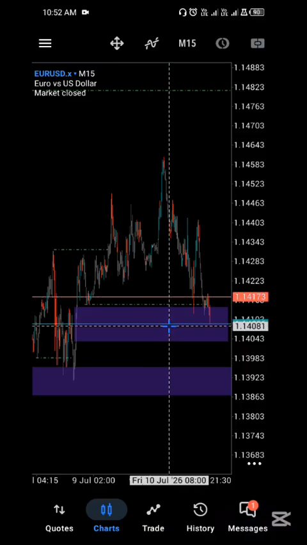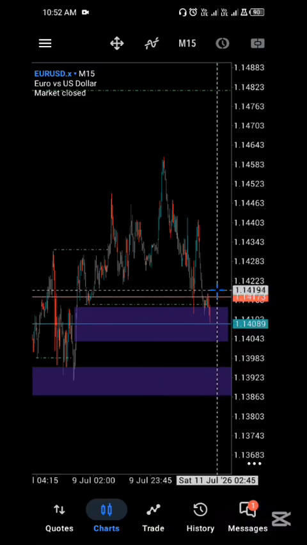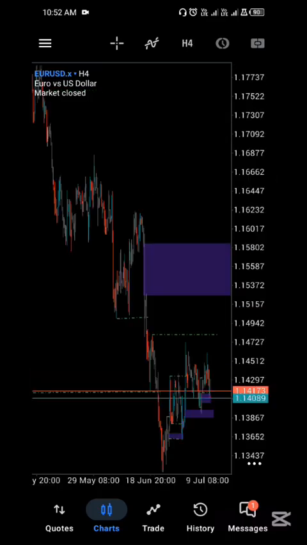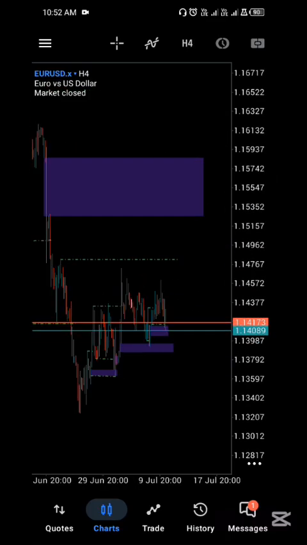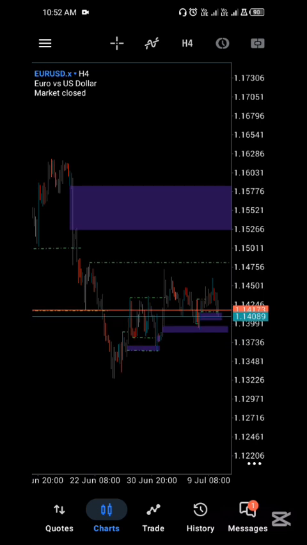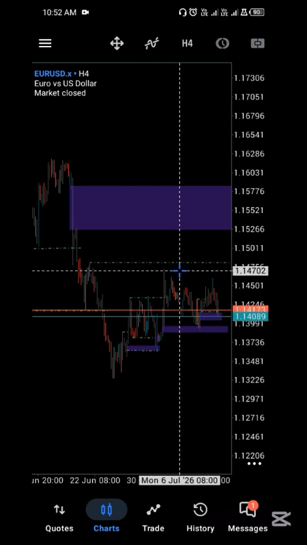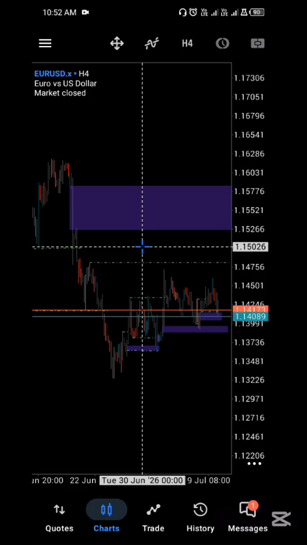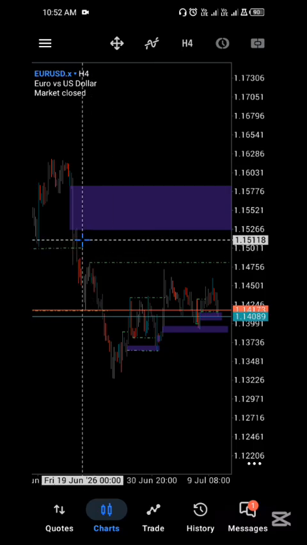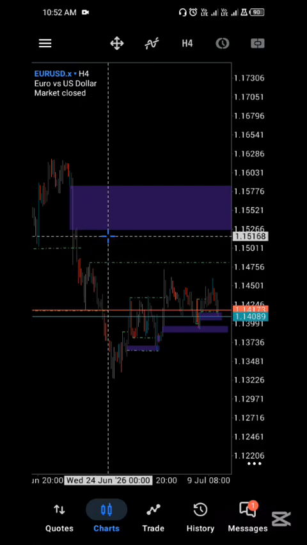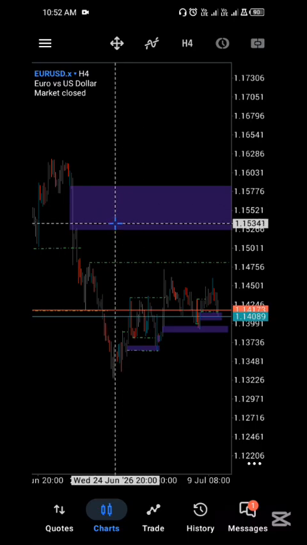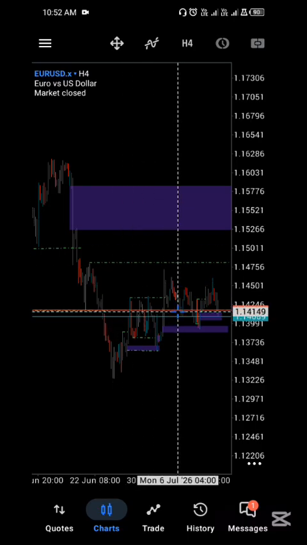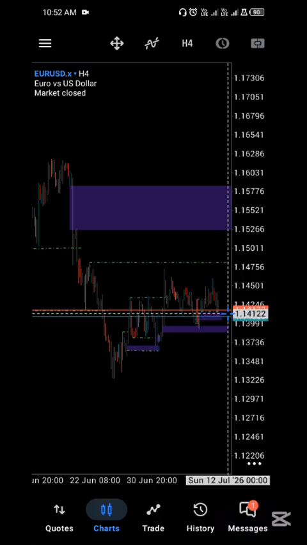So I'm anticipating that the market will take off from this fair value gap next week, so that we can take this buy side liquidity above these highs, and either mitigate this little fair value gap, or even go to the extreme and fill this extreme fair value gap above here. Since on Friday I couldn't take the trade, I didn't want to hold the trade during the weekend. So let's see how next week is going to play out.